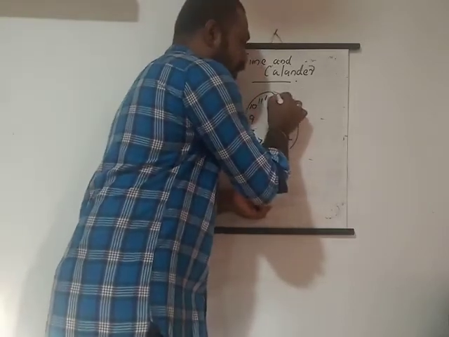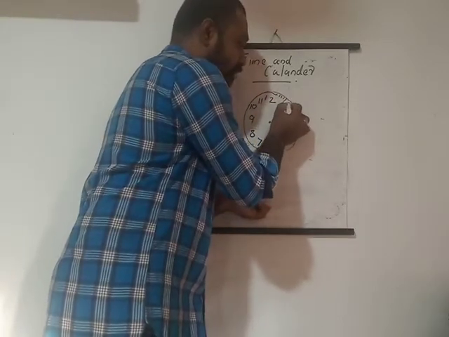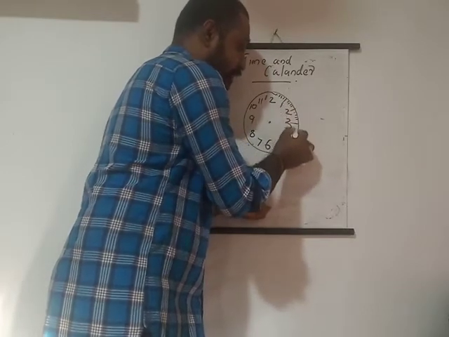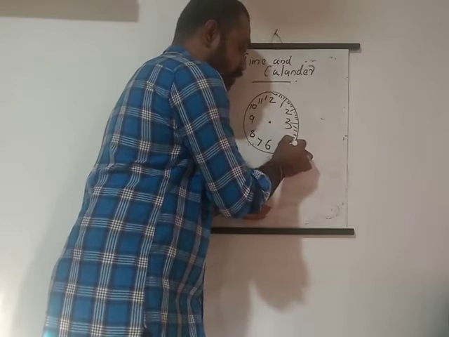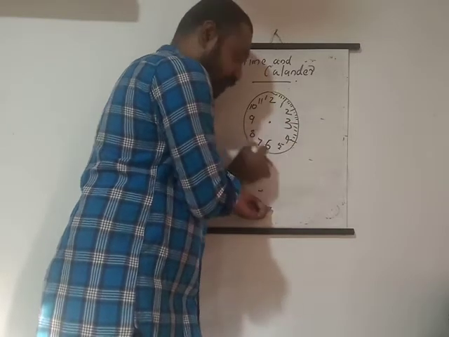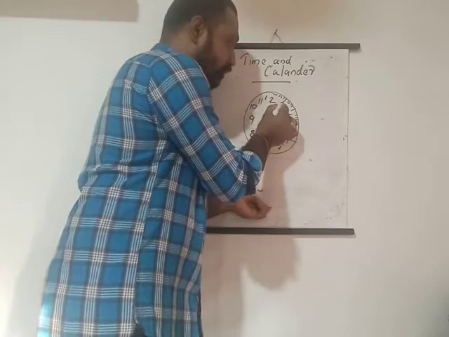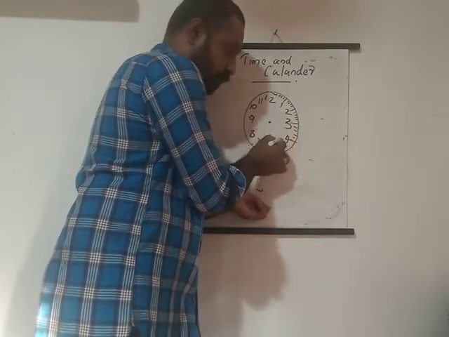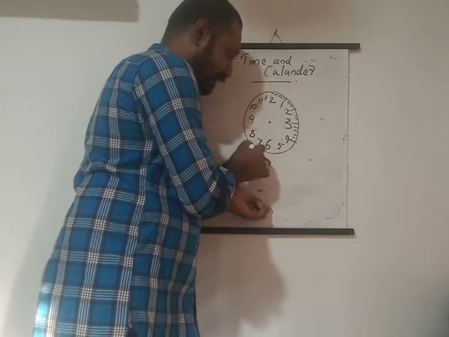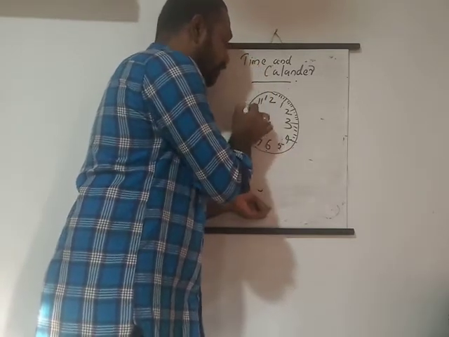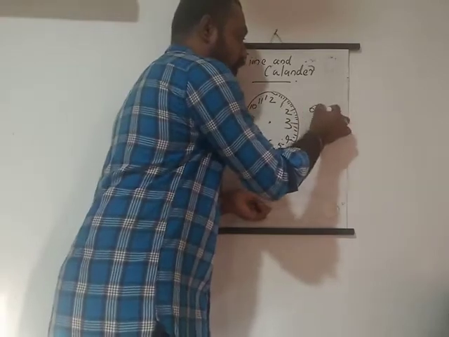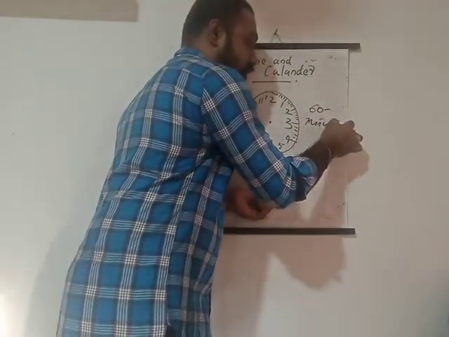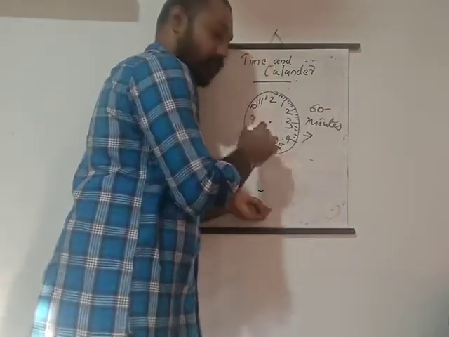So here 5 is there, then it goes 6, 7, 8, 9, 10, and so on. 5, 10, 15, 20, 25, 30, 35, 40, 45, 50, 55 and 60. So this is called 60 minutes, and 60 minutes make an hour.